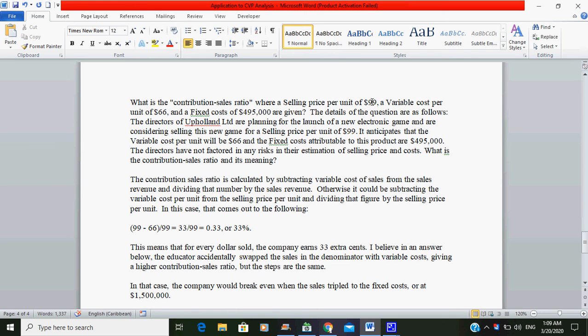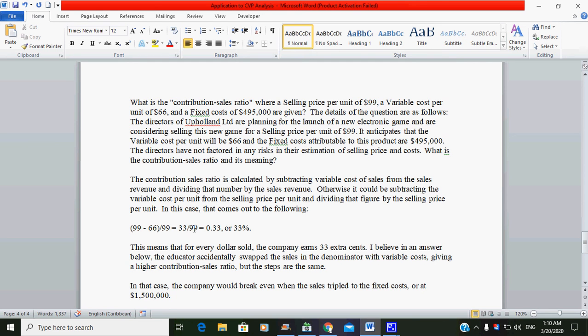99 is our what? Selling price per unit, so minus 66 from 99, because 66 is our what? Variable cost per unit. And when you do that, what do you get? You get 33. I divide 33 by what? 99, because you're dividing the unit contribution margin by the what?